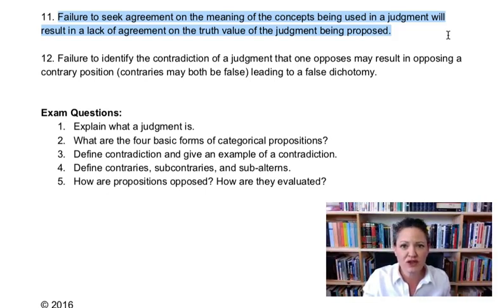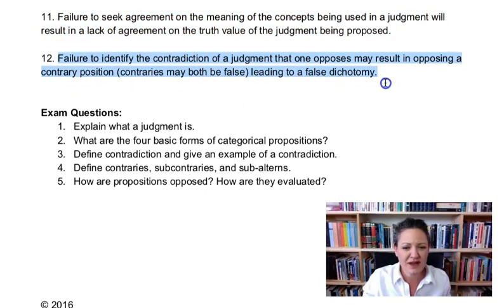If we don't agree on the terms, we are not going to agree on the truth claim. And then lastly, failure to identify the contradiction of a judgment that one opposes may result in opposing a contrary position, and contraries may be both false, leading to a false dichotomy, or leading to binaries that are both false.